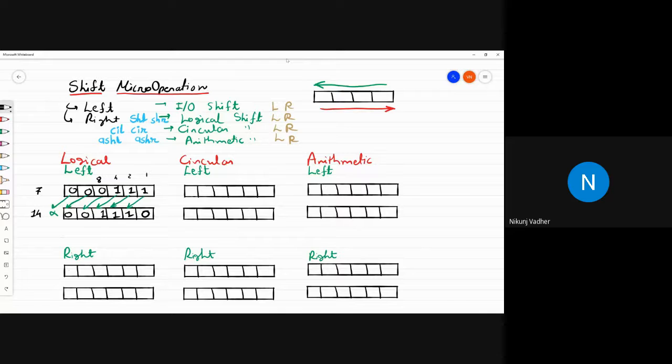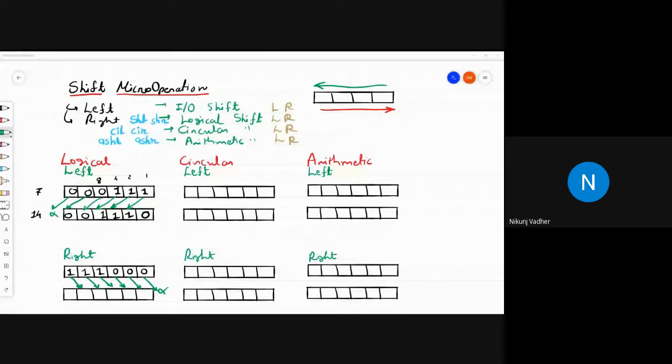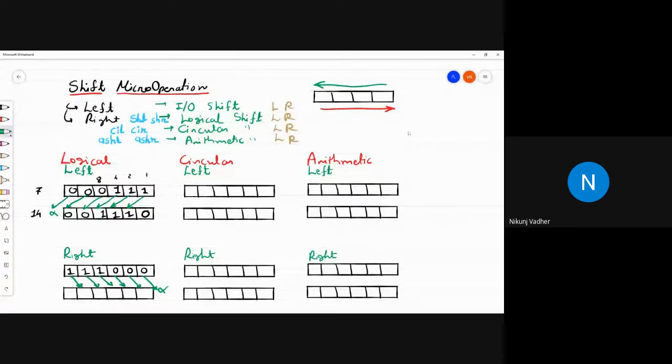What will happen in case of shift right? Let me write down a number, let's say 1 1 1 0 0 0. In shift right, the number will be shifted in the right direction. This bit will be discarded. Just do the addition of this number, 8 plus 4 plus 2.